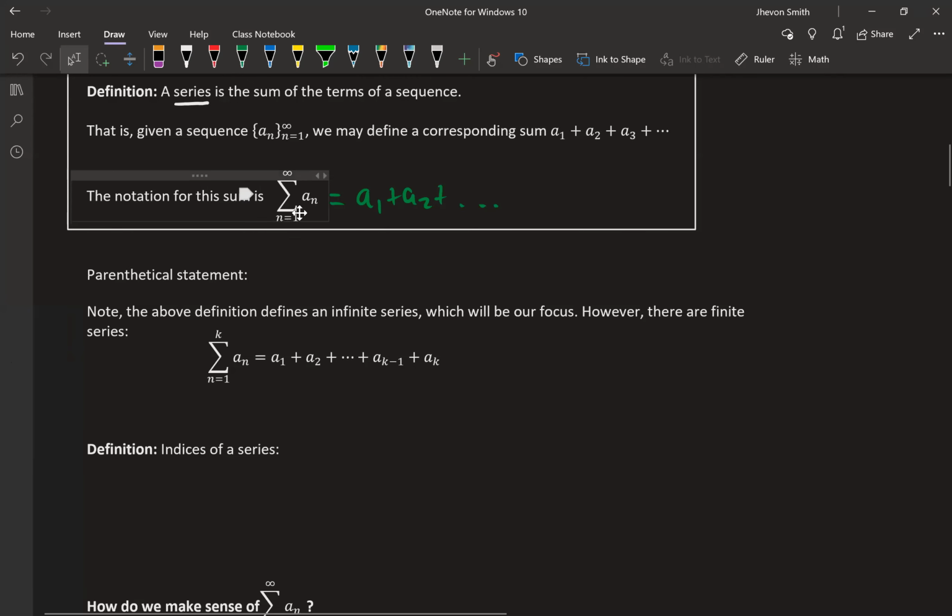Now, you can have a finite series, so something like the sum from 1 up to k of a_n, and it just means the sum eventually stops. However, we care about the infinite series. Also, when we're writing down a series, this is called the index.